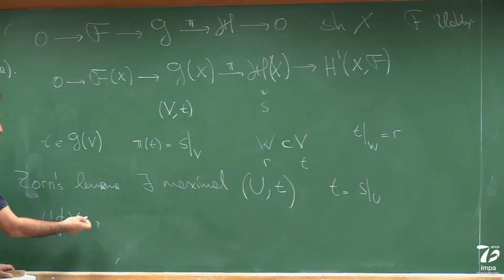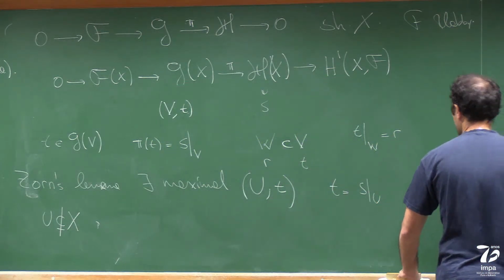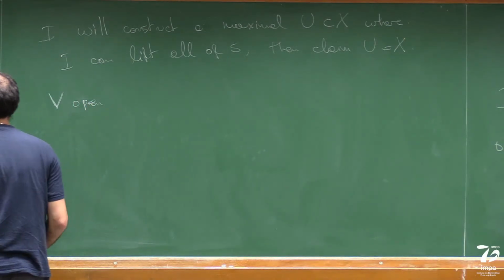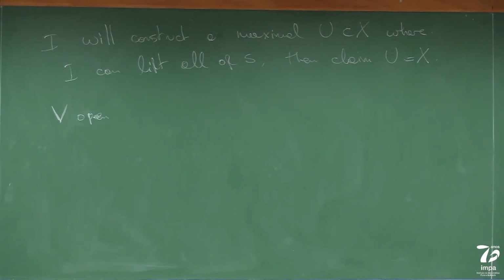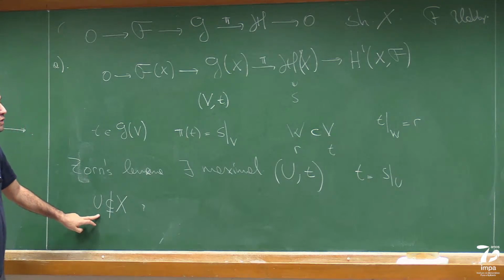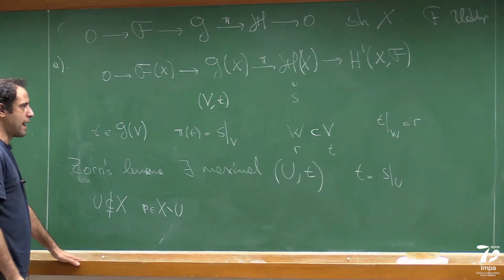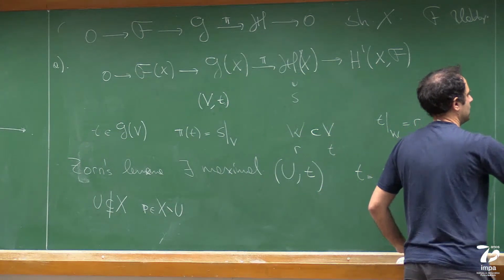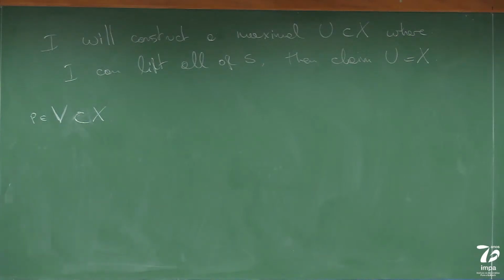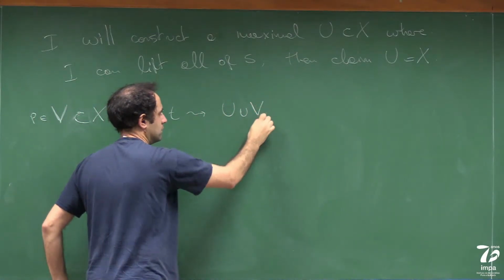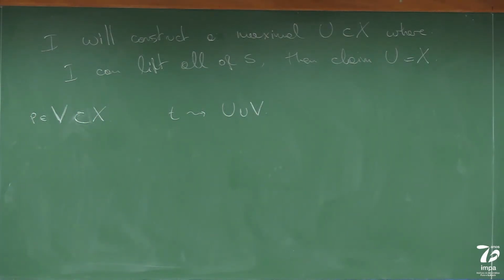So we have some point P in X that is not in U, and some neighborhood of that point that is not contained in U. So I'm going to take that open V, which is not empty, and contains P. The trick is going to be trying to extend my section T to the whole of U union V. What I want to do is try to extend my T to a section on all of U union V.